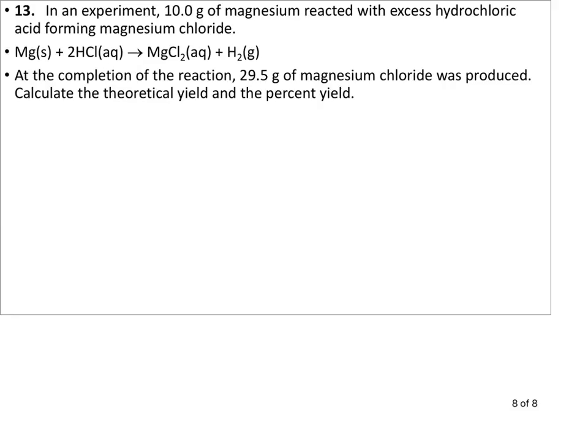And number 13, well, more in-depth problem, where we combine things we've done earlier with the percent yield. So this time we want to calculate the theoretical yield and the percent yield. And they say we ended up with this, and we started up here.